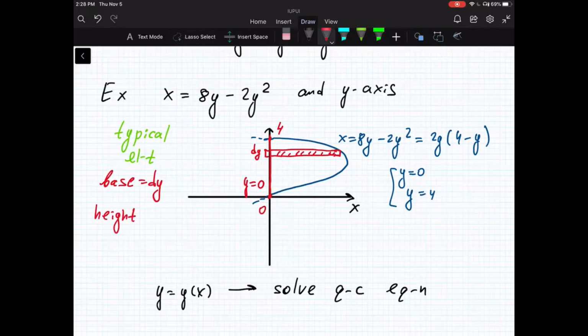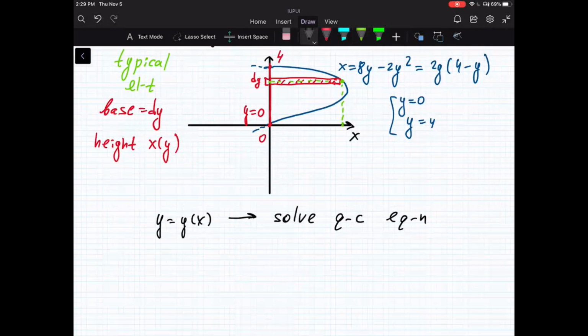If you rotate this picture, you can see that height is in fact just the value of x as a function of y. Right? So I have some y here, and the corresponding height is the value of my function, but it's the x value. So it's x of y.